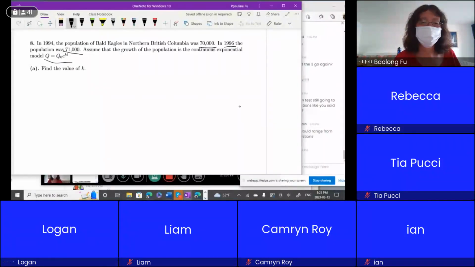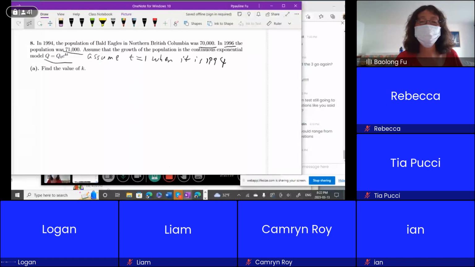Usually t goes from 1 to whatever number. But it didn't say when t equal to 1, so you can assume t equal to 1 when it is 1994.